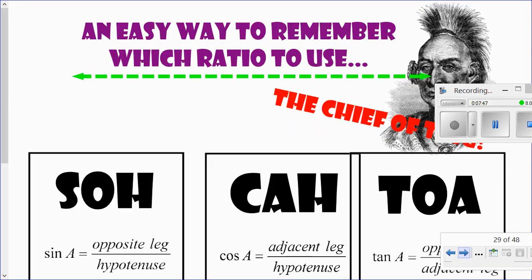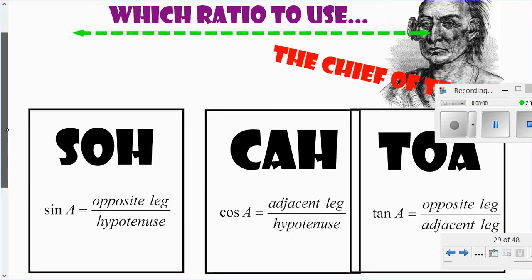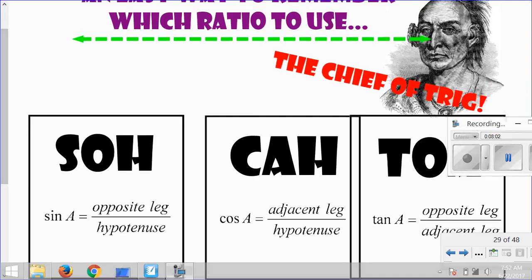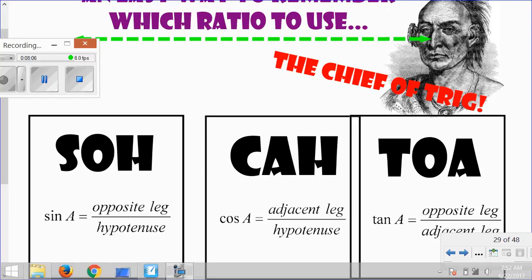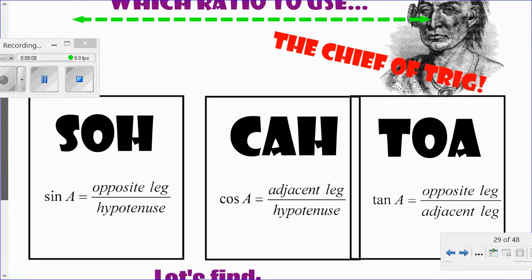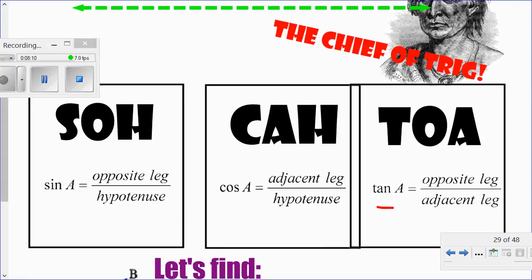Okay, now, besides the tangent, there are 2 other trig ratios that we need to know and we'll use quite often, and they are sine and cosine. Now, let's look first just at tangent because we already went over that one. So tangent, we said, is the opposite divided by the adjacent.